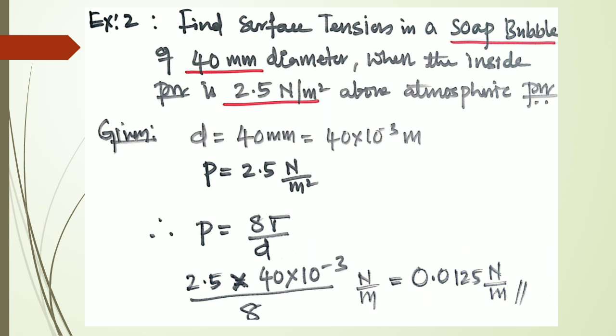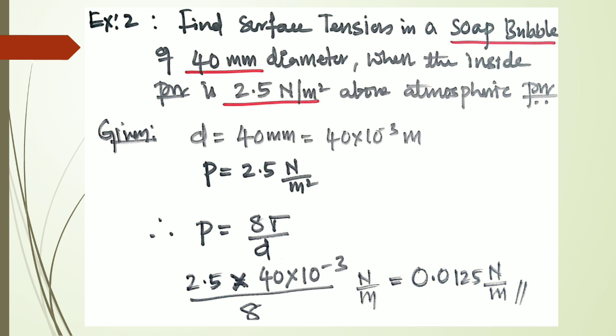Example 2. Find the surface tension in a soap bubble of diameter 40 mm he has given. Soap bubble, or hollow bubble, when the inside pressure is 2.5 Newton per meter square above atmospheric pressure. Okay.